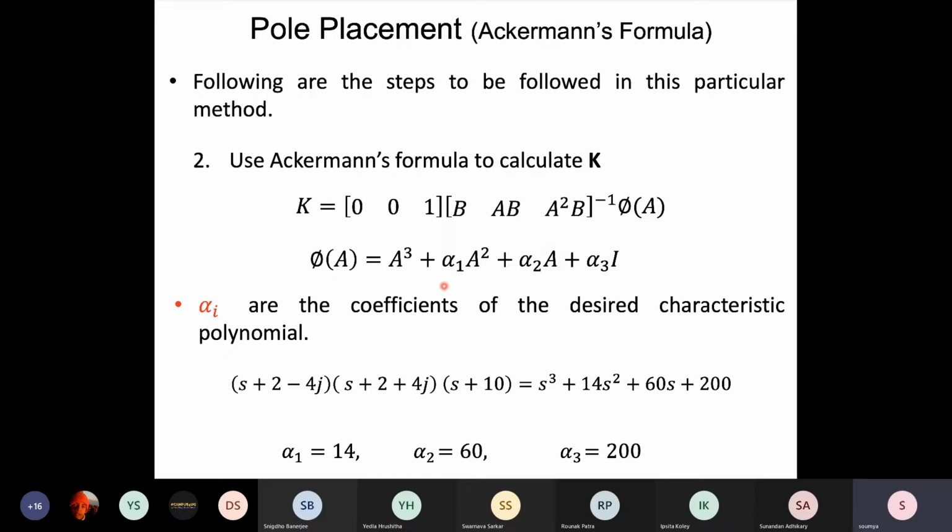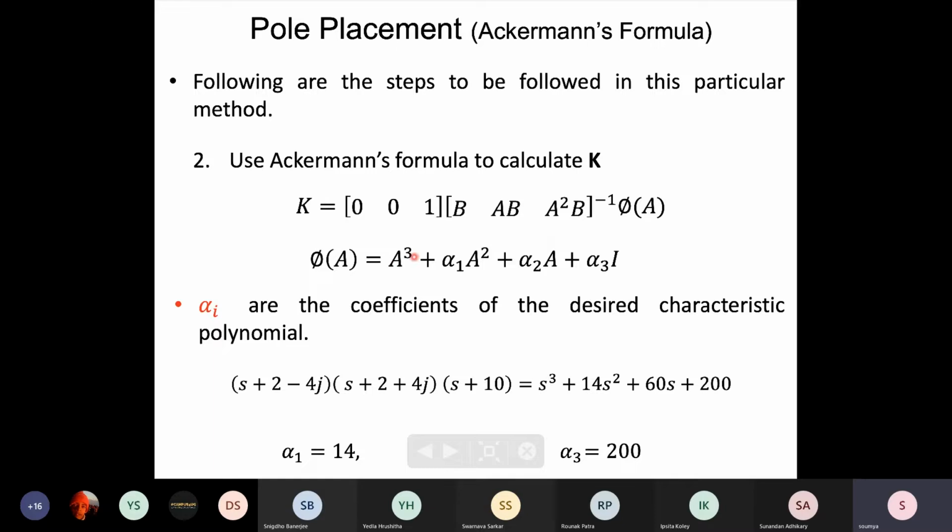These coefficients are the coefficients of the desired characteristic polynomial, which we already know once we have fixed the desired position of poles, right? Given the desired poles at 2 plus 4j, minus 2 plus 4j, minus 2 minus 4j, and minus 10, you can write this characteristic polynomial, and from this you get the values of the coefficients alpha 1, alpha 2, and alpha 3, right?